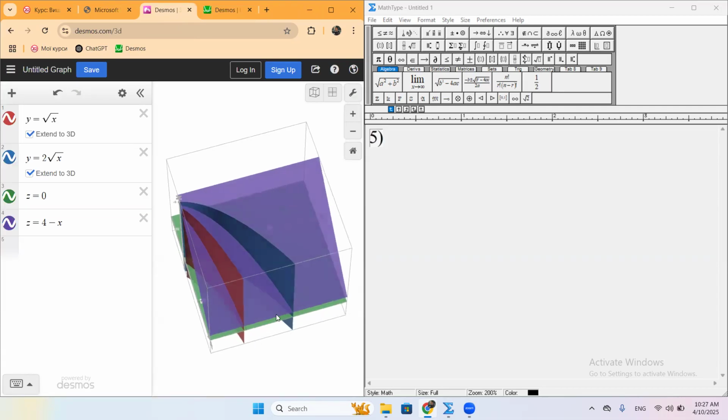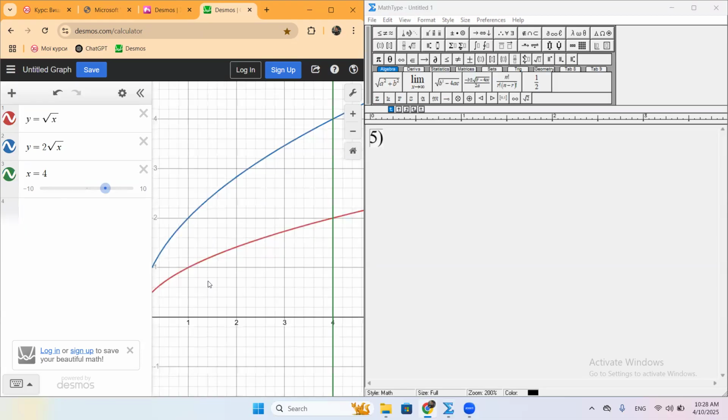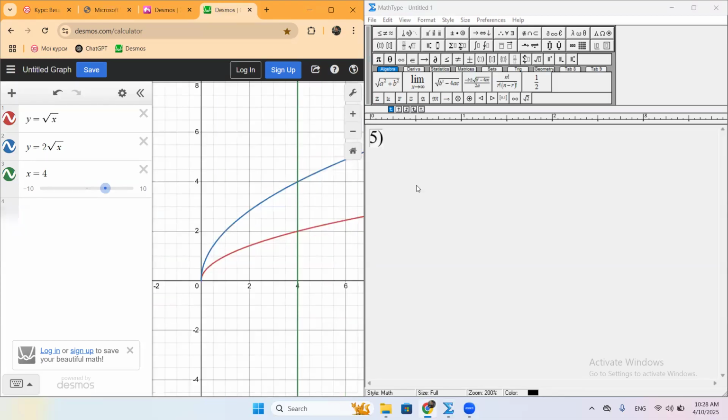Actually, we need to find it from the equality of these planes. So 0 equals 4 minus x, and it means that x equals 4. So the following region will be the projection.